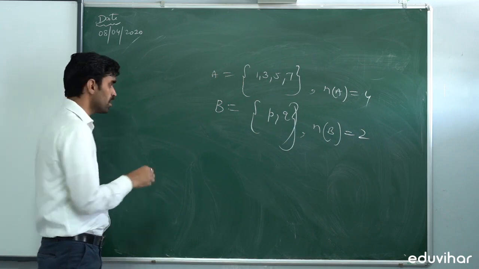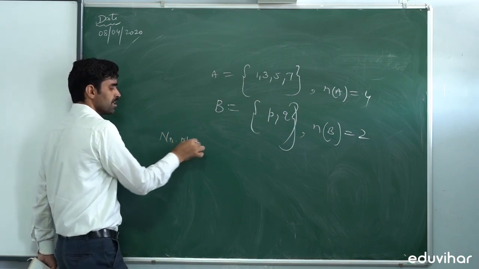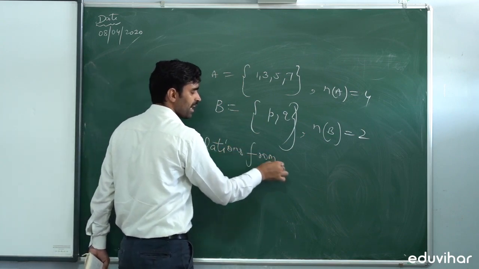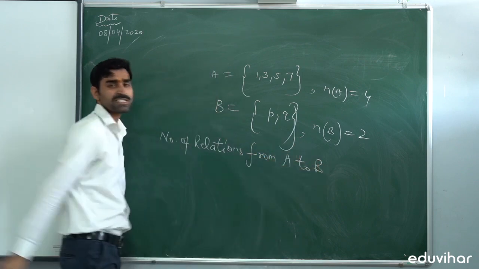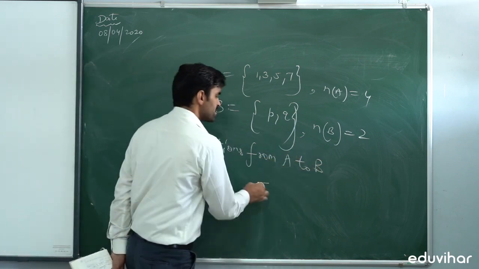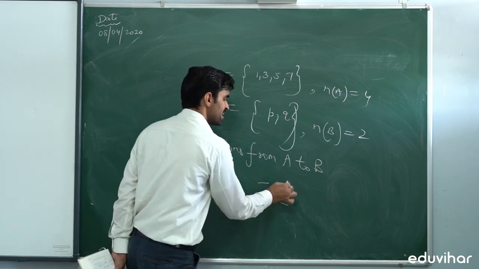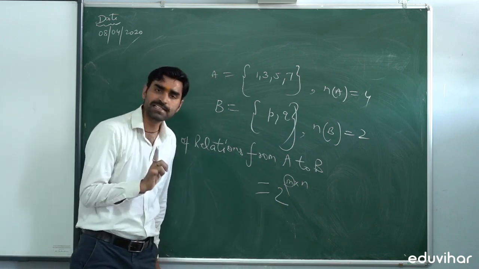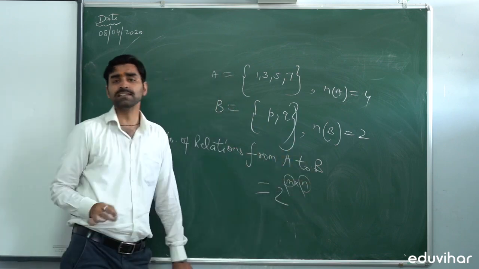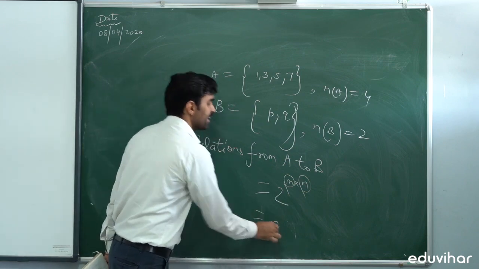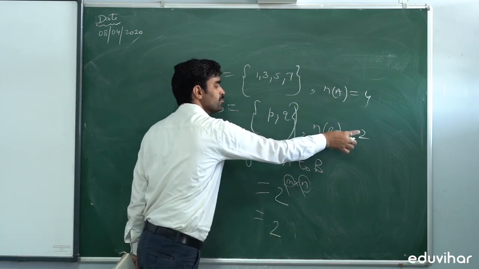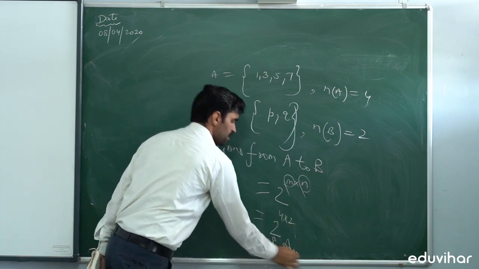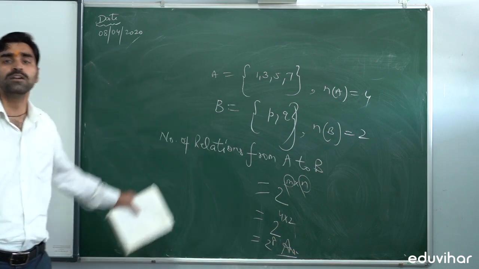If we have to find the number of relations from set A to set B, the answer is 2 raised to the power m into n, where m is the number of elements in set A and n is the number of elements in set B. So 2 raised to the power 4 into 2, that is 2 raised to the power 8. It is the required solution for the given problem.